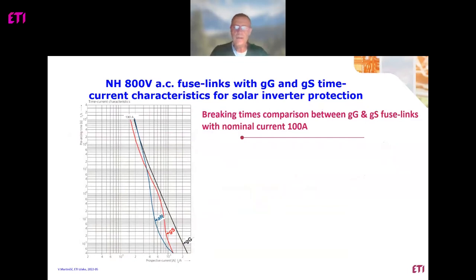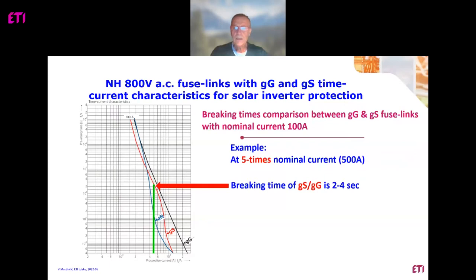Let's see the difference between the characteristics gG, gS, and so on. Let's take a fuse with nominal current 100 amps, loaded with 5 times nominal current, so 500 amps.